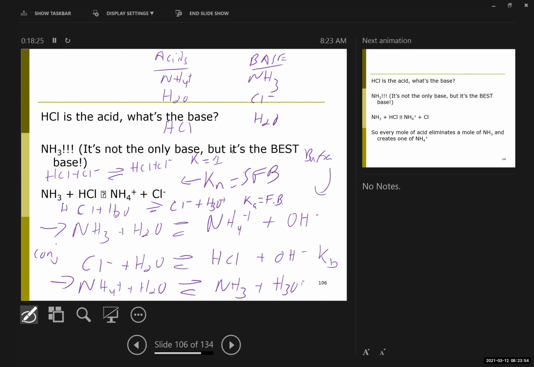And again, my brute force approach always works, right? Every acid, every base, find the biggest K first. I can simplify that a little bit, because the biggest K is always going to be the biggest Ka acid reacting with the biggest Kb base.